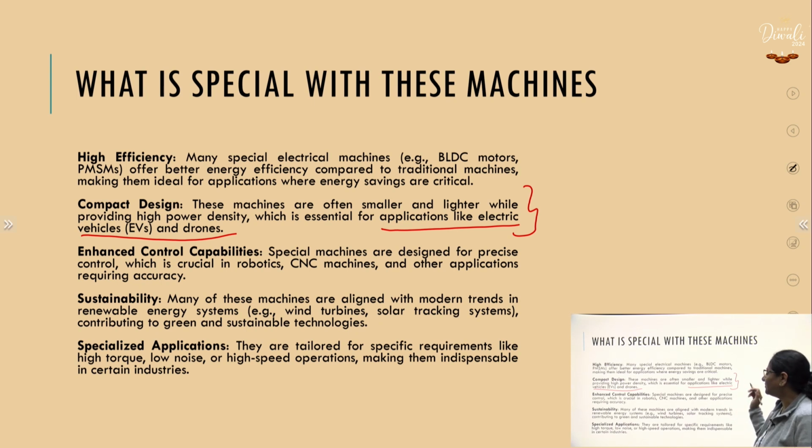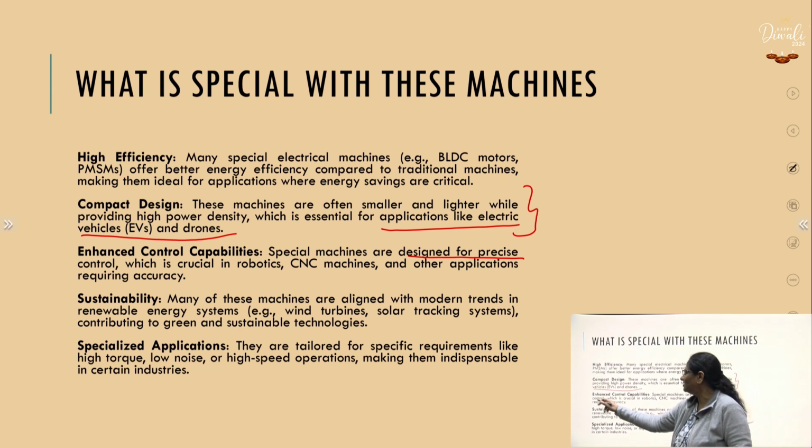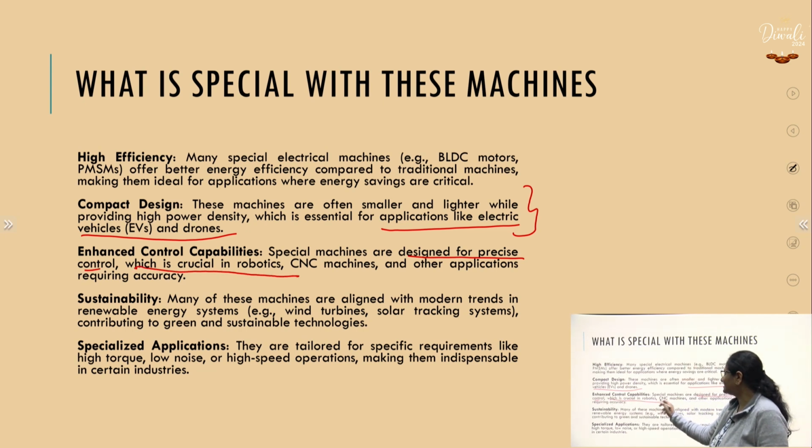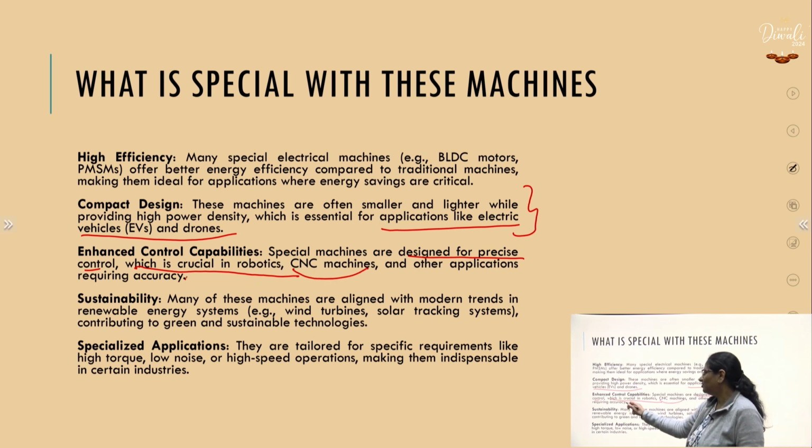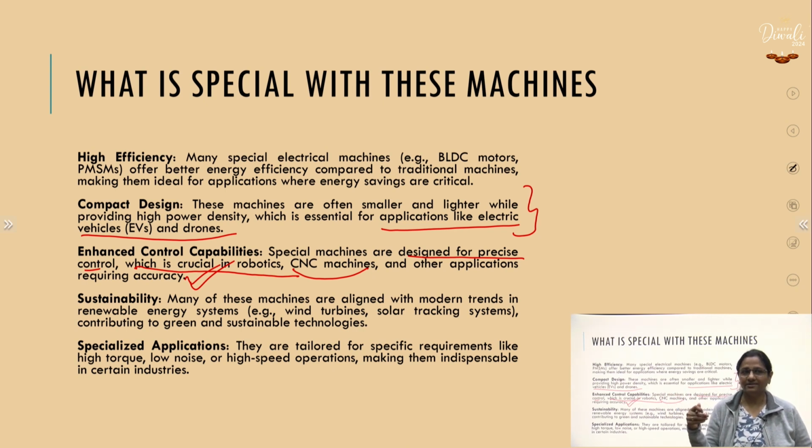Enhanced control capabilities. These machines are designed for precise control, and this precise control is crucial in robotics, in CNC machining and other applications which require precision and accuracy. So these machines possess enhanced control capabilities. The control capabilities are imparted in the entire drive system.